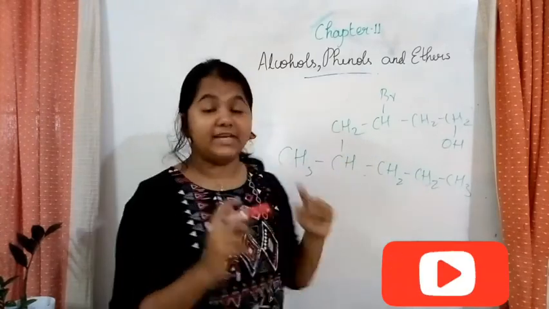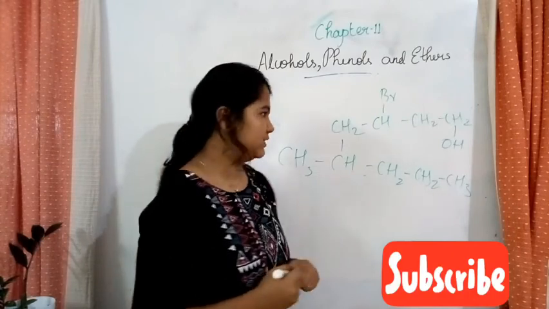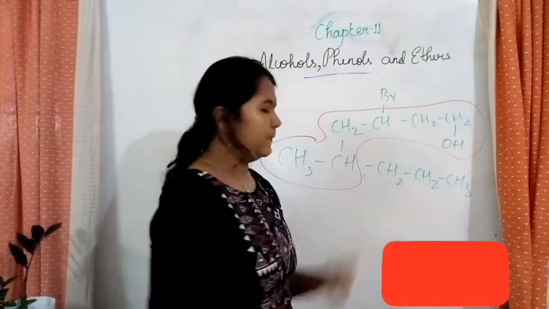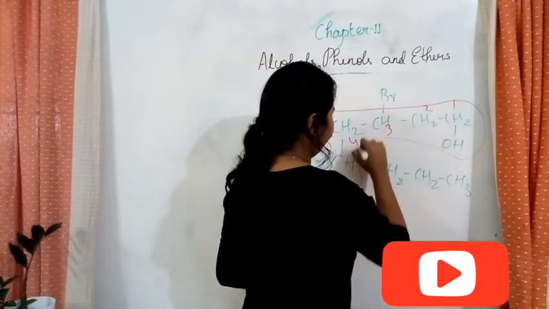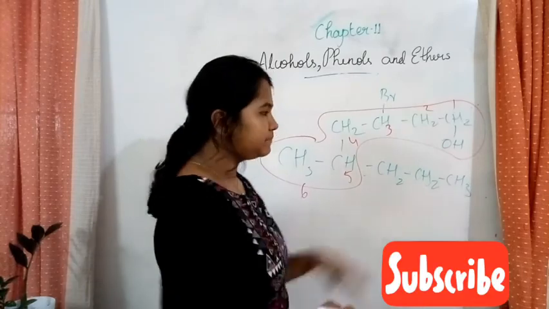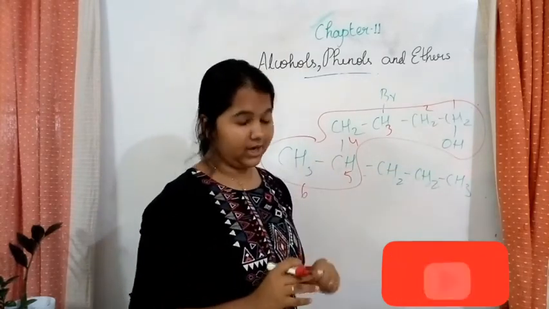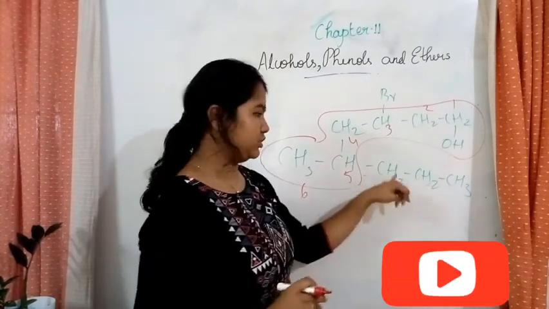You have to take the longest carbon chain containing the principal functional group. So, this is the longest carbon chain containing the principal functional group. So, let's start numbering. This is 1, 2, 3, 4, 5 and 6. On the first position we have the hydroxyl group, and on the third position we have bromine.